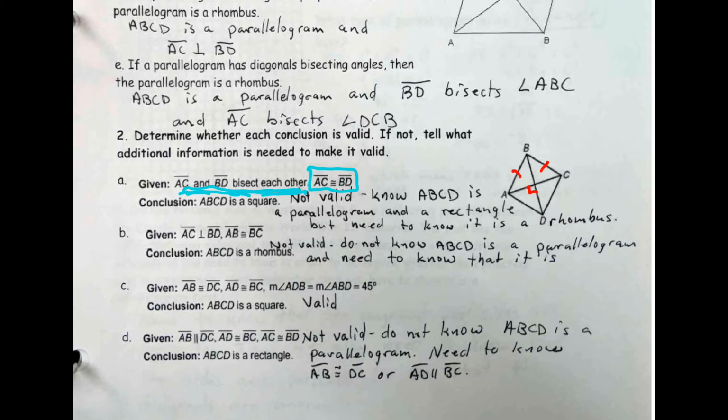So for this one, once again, we have to start with the parallelogram, then move on to rhombus. So this one's going to be not valid because there's nothing here that tells us it is a parallelogram. We do have two conditions to be a rhombus, but remember, for it to be a rhombus, we need to know it's a parallelogram. So it's just not valid because we need to know it's a parallelogram first. And then, if we knew that, we would know it's a rhombus specifically.